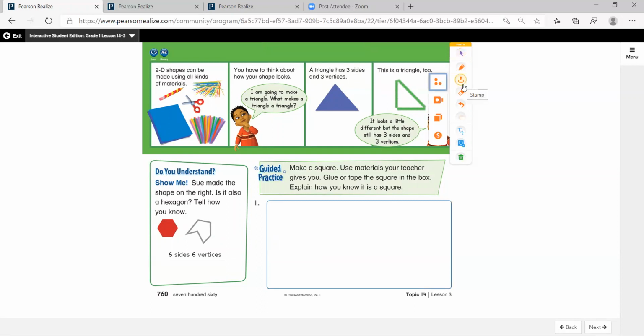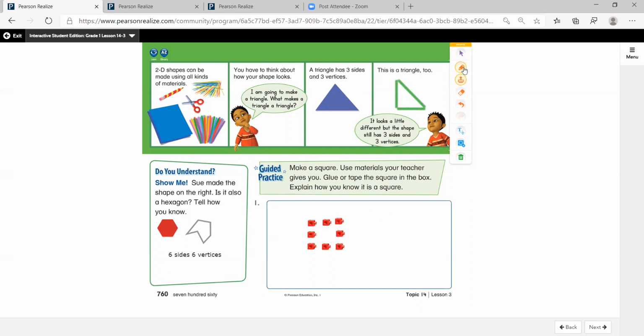I'm going to go ahead and imagine that we were back in school, and I'm going to use our Unifix cubes to try and make a square here. I'm going to remember that when I make my square, I want my sides to be equal in length. So I'm going to do my best to make all sides the same length.